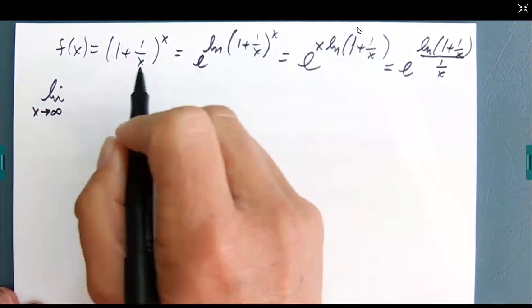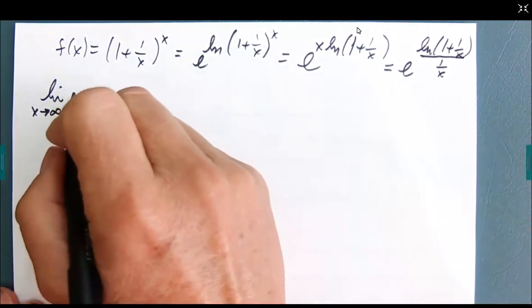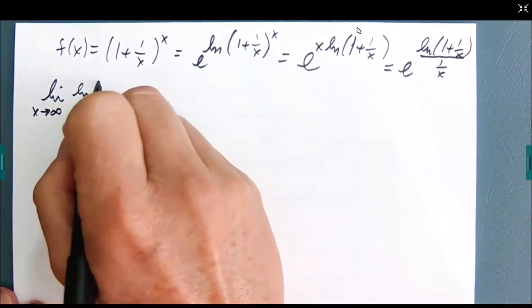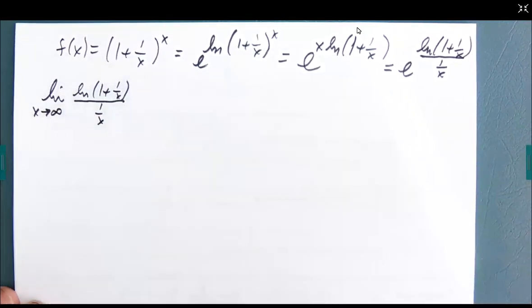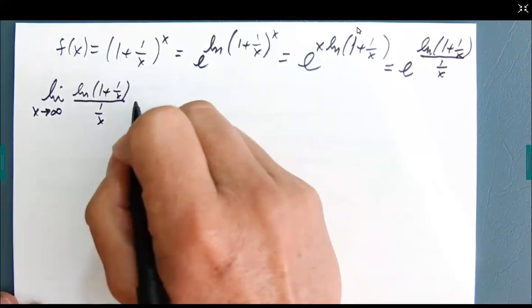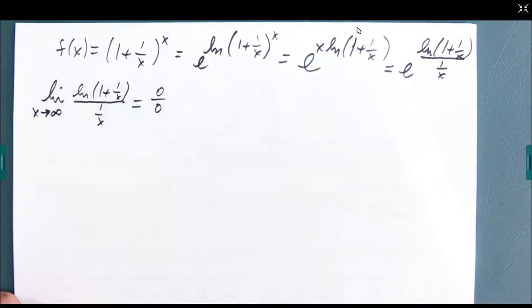And again, this limit as x goes to infinity is going to go to the same place, but I'm just going to do it to the numerator. I'm going to note that this goes to 0 over 0, which is inconclusive as far as what the limit is. However, this means I can apply L'Hopital's rule.